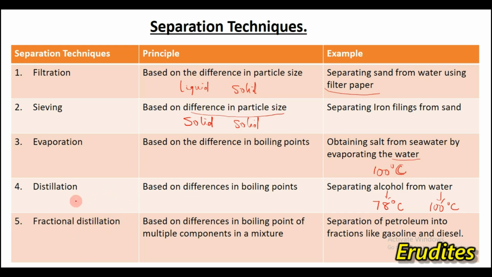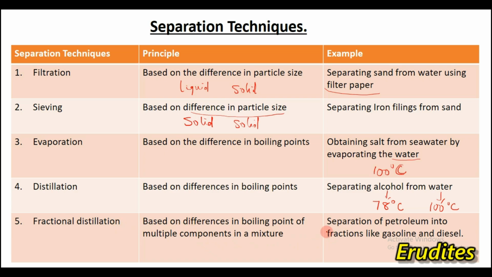Another example of a separation technique is fractional distillation, and this is based on the difference in boiling point of multiple components in a mixture. In fractional distillation, just think of it this way: there are many components in a mixture, and the differences in the various boiling points are usually very close.